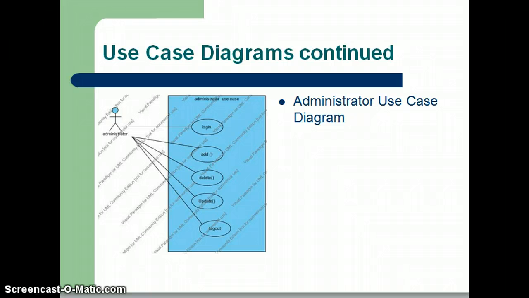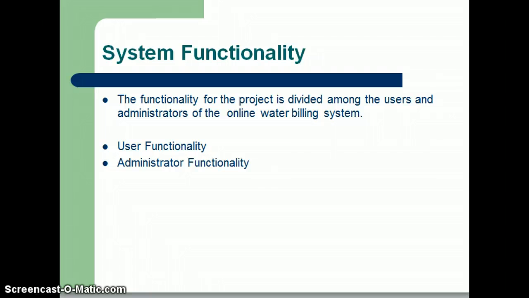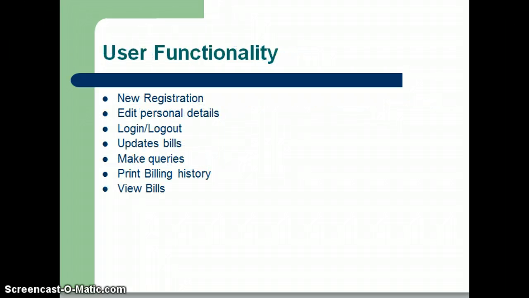System functionality. The functionality of the project is divided among the users and administrators of the online water billing system. User functionality: new registration, edit personal details, login, logout, update bills, make queries, print bill history, view bills.